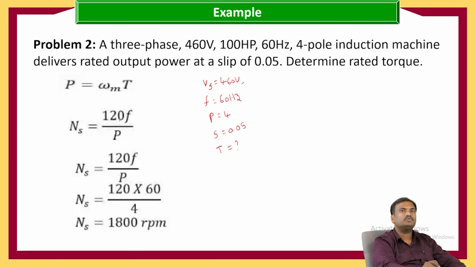Ns is equal to 120 F by P, where frequency and number of poles are given. Substituting, Ns is equal to 120 into 60 by 4, which gives 1800 RPM.